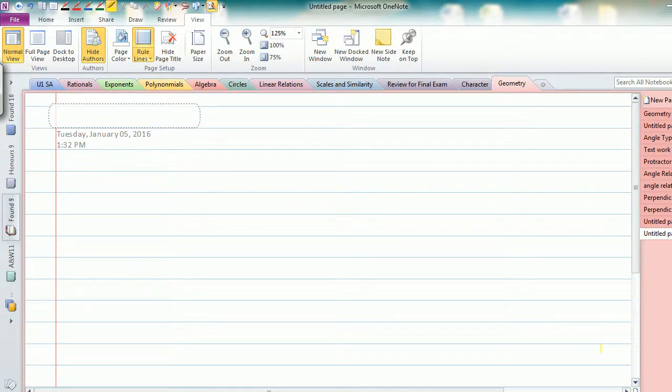Okay, so today we're going to look at perpendicular and parallel lines. Mostly focusing on parallel lines, we just want to quickly talk about perpendicular lines. So perpendicular and parallel lines.